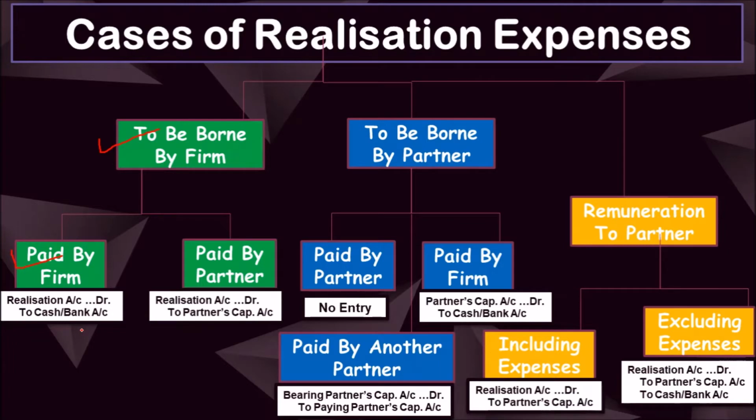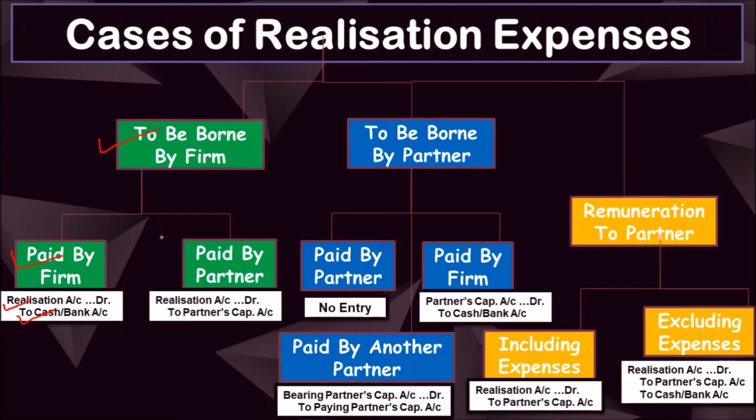All the expenses and losses are debited, and all the gains and profits are credited. So here it is an expense, that is why realization account is debited, and cash or bank is credited, because here the principle of real account is applied: credit what goes out. Understood? So by default you need to pass this entry, realization account debit to cash or bank account.